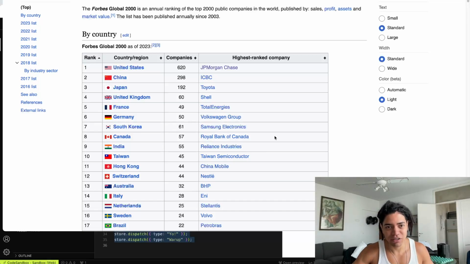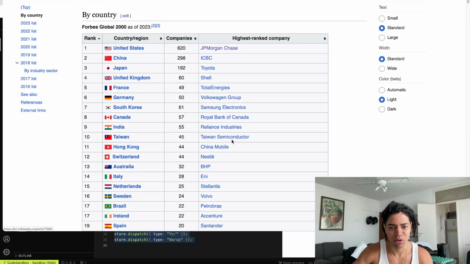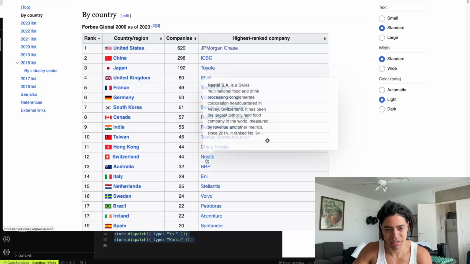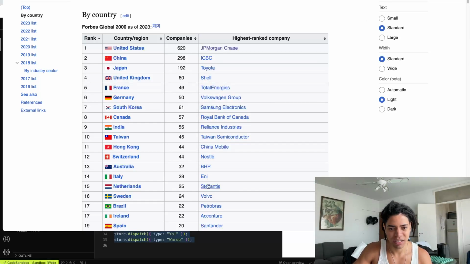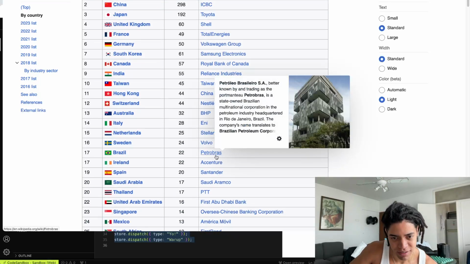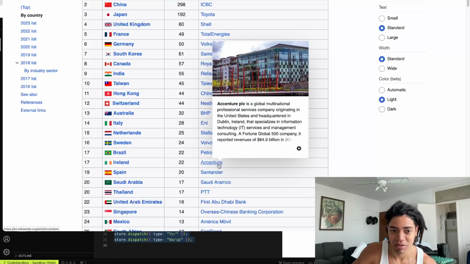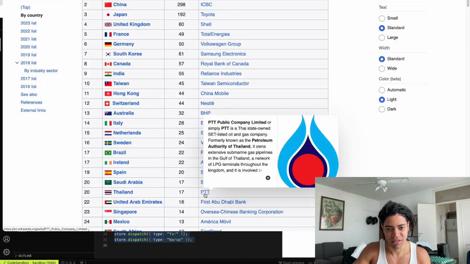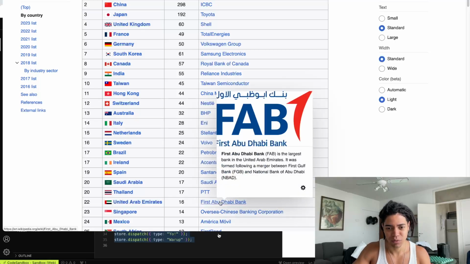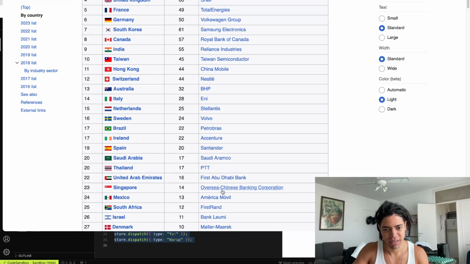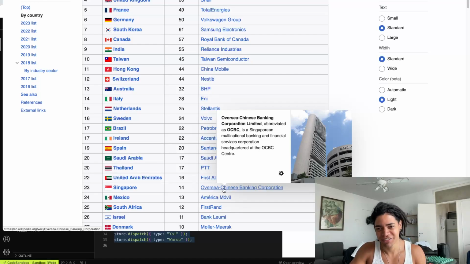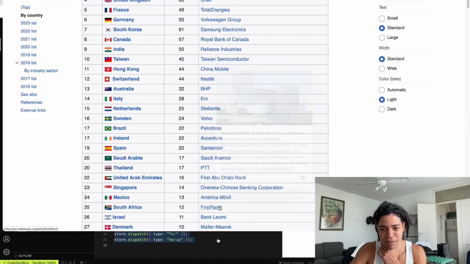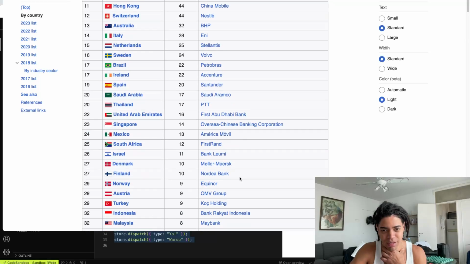All right, this list for Global 2000. China Mobile, Nestle, BHP, Eni, Stellantis, Volvo, Petrobras, Accenture, Santander, Saudi Aramco, PTT Public Company Limited, First Abu Dhabi Bank, Overseas Chinese Banking, America Movil, FirstRand. Interesting.